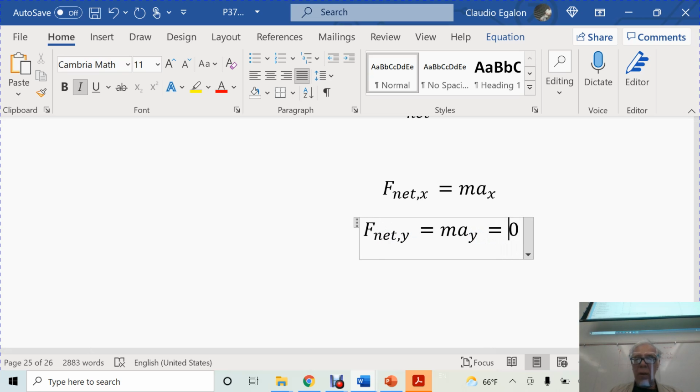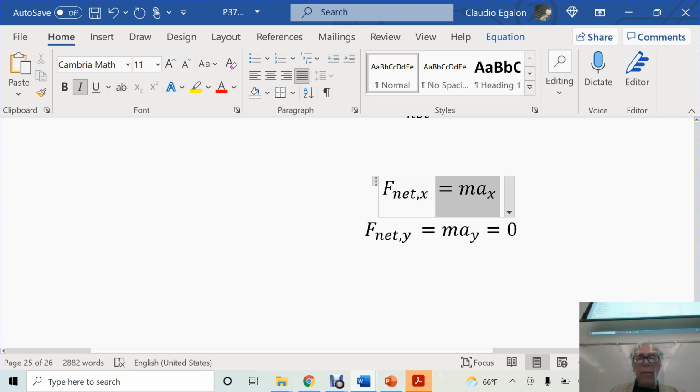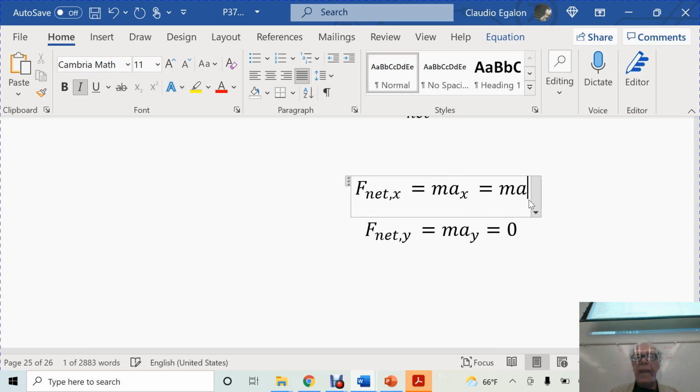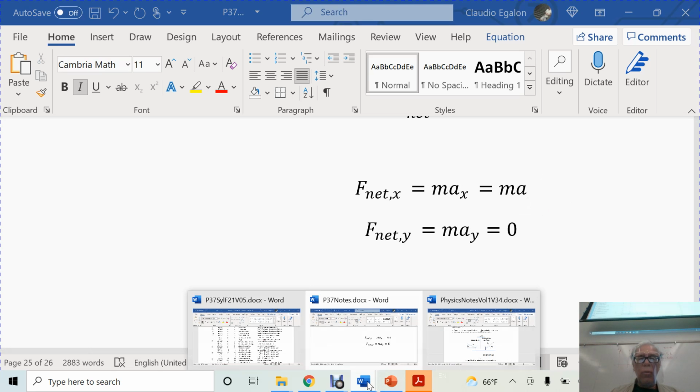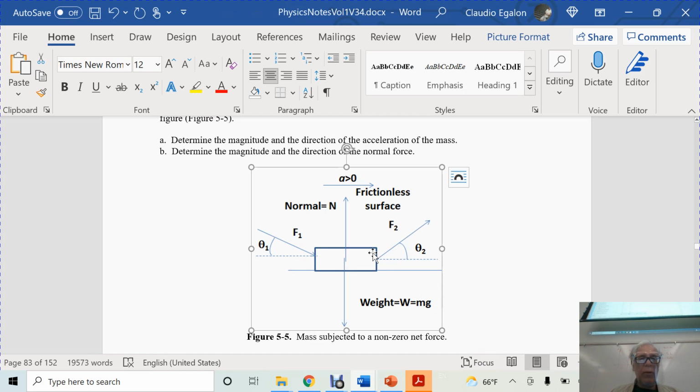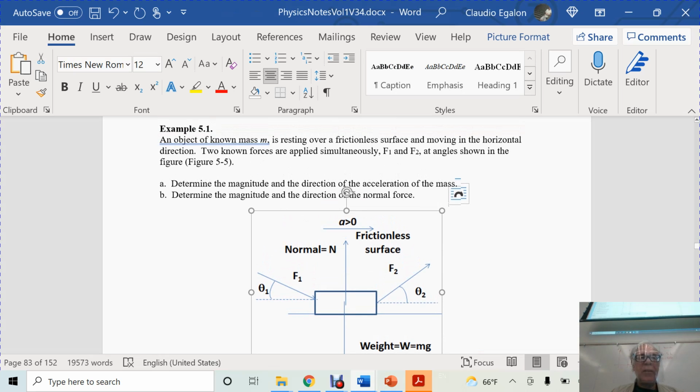There is no acceleration along the y direction, but there is an acceleration along the x direction, and that acceleration, just call it A. Let me see if I told you what the mass is. Yeah, object of mass m. So mass is known, the forces are known, and the angles are known as well. Determine the magnitude and direction of the acceleration of the mass.